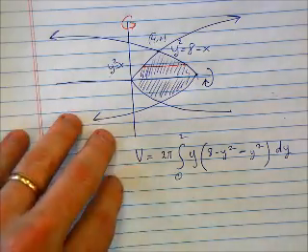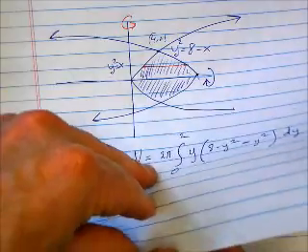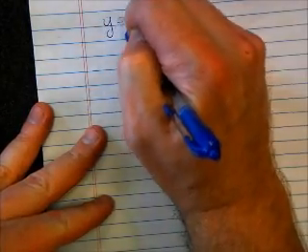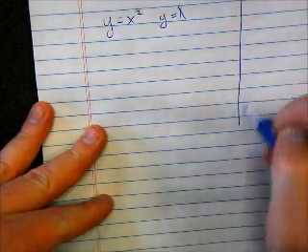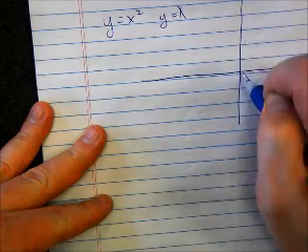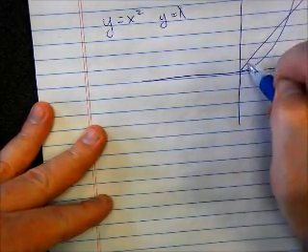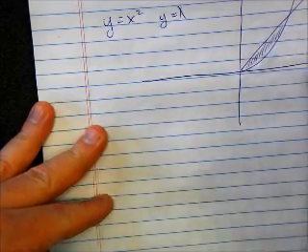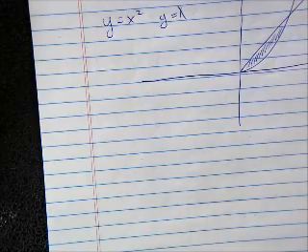All right, the last thing we need to talk about is, what if you're not spinning around an axis? What if you're going to spin around a different line? So let's go back to this shape again, y equals x squared and y equals x. Now let's say I ask you to spin around a vertical line, but not the axis.